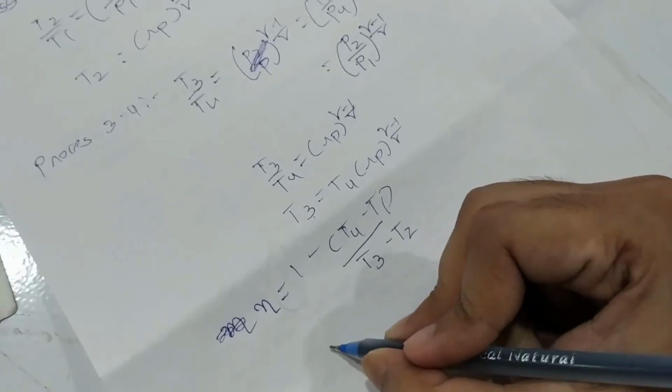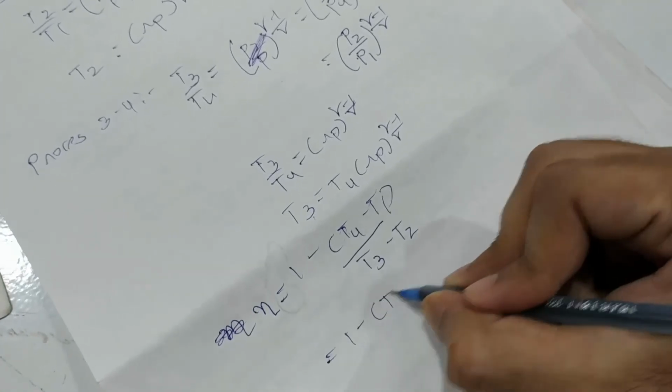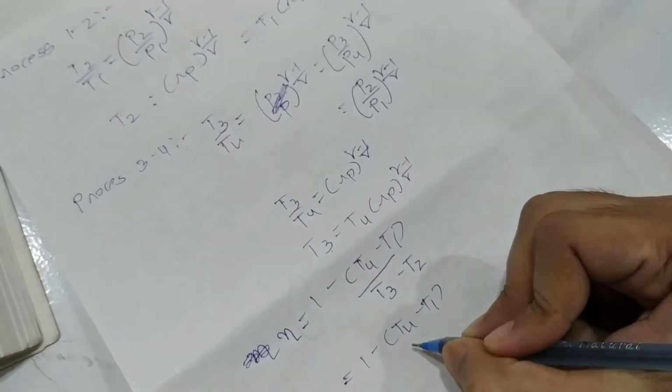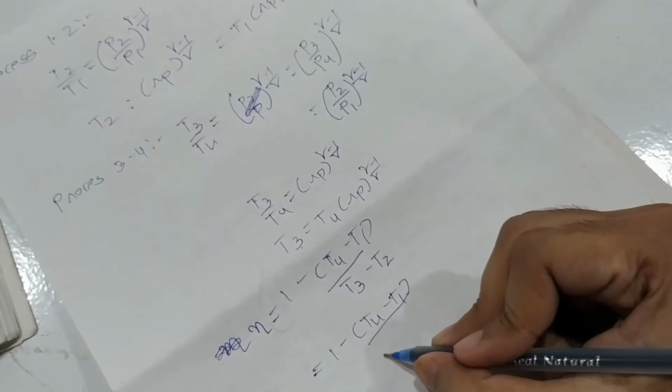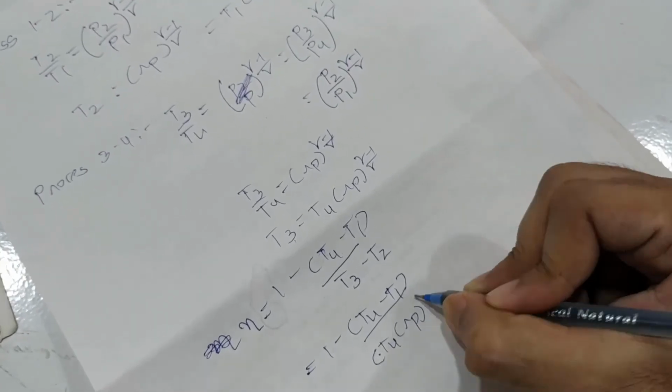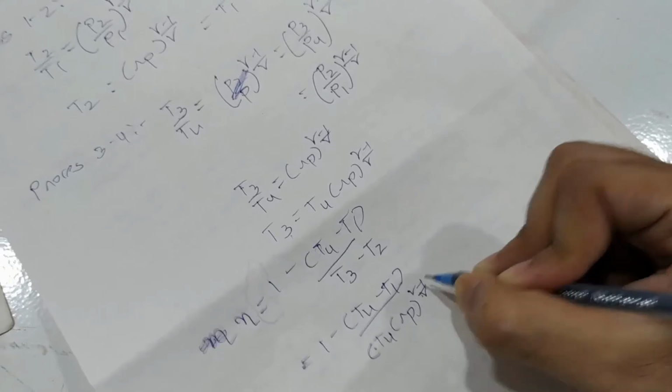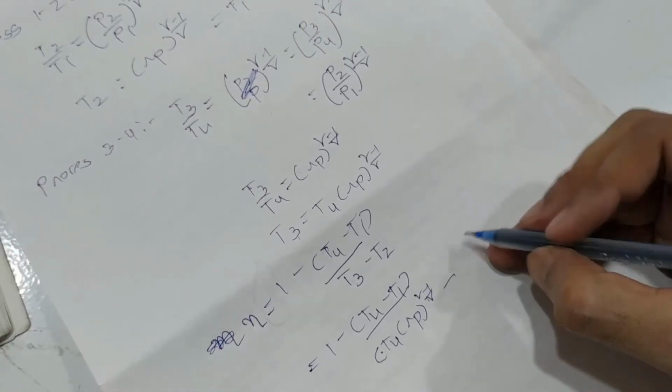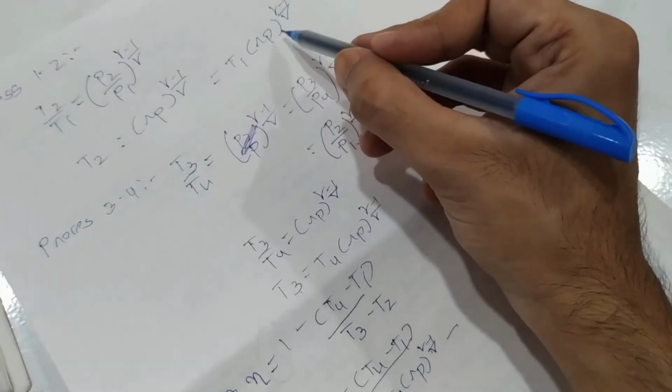The value of T3 is as found, and the value of T2 is T1 Rp raised to gamma minus 1 upon gamma.